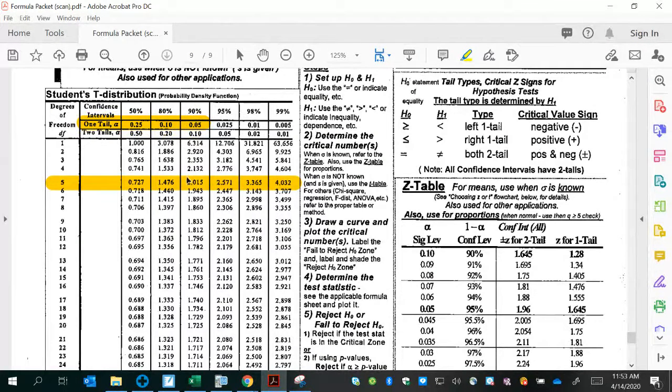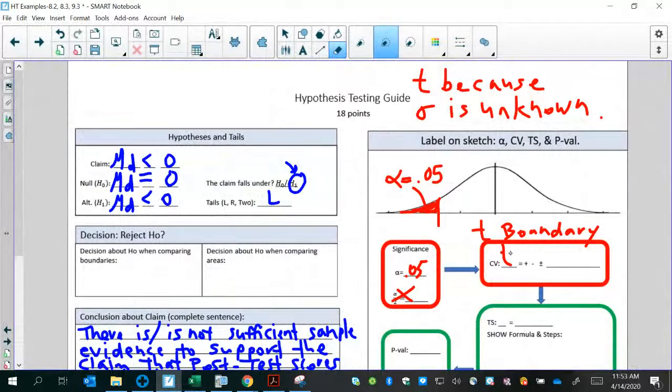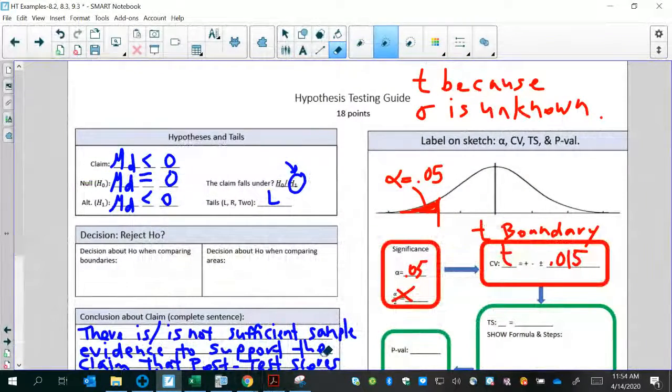So then the value that I want to use is 2.015. Did I do that right? Let me see. I mean, I know I did it right, but it's 2.015. So I wrote it down wrong.